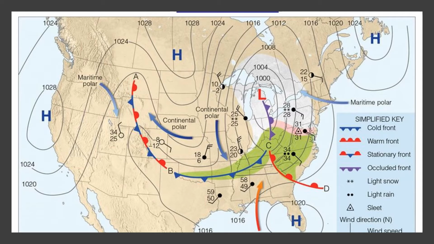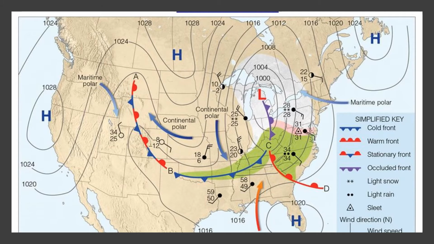The front is drawn as a solid blue line with triangles along the front showing its direction of movement. How did the meteorologist know to draw the front at that location? A closer look at the front will give us that answer.